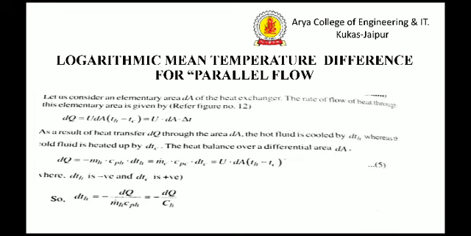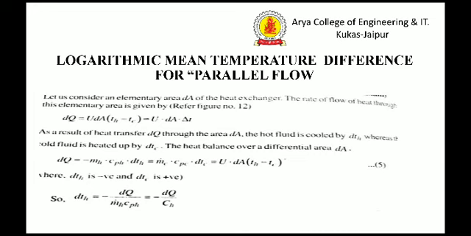The heat balance over a differential area is dq is equal to minus mh cph dTh is equal to mc cpc dTc is equal to U dA (Th minus Tc), where dTh is negative and dTc is positive.